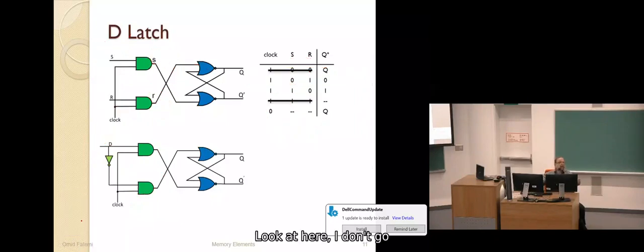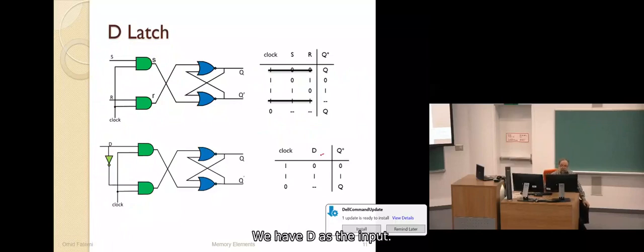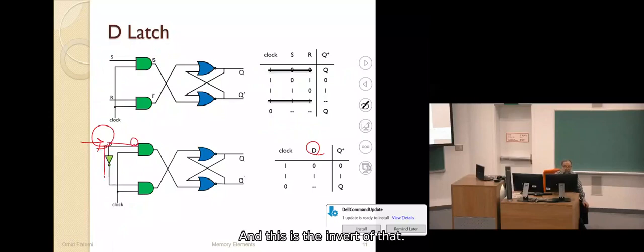Look at here. I don't go through the concept of making it. This circuit, look at this circuit. So we have D as the input. Let's say D is 0 now. When D is 0, then this is 0, and this is the invert of that, so this is 1. And let's say clock is also 1.